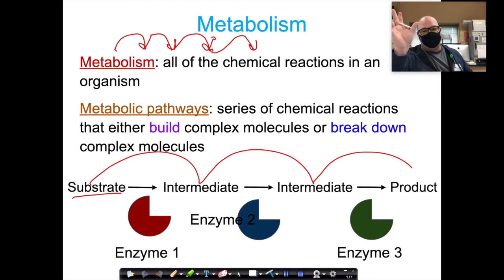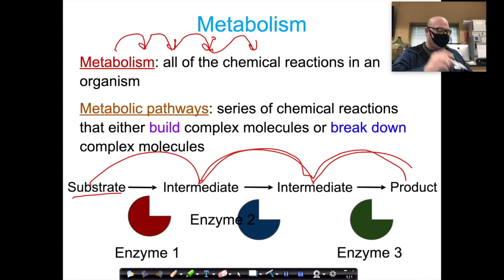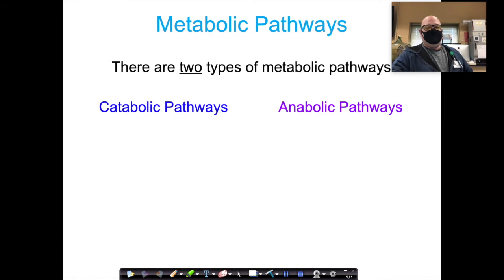That's what the enzyme acts upon, and it does one little change to it. Then we would call that an intermediate. Then it would go again and it'd be another intermediate, and then we'd have the final product. So in metabolism, we see these really high levels of complexity where multiple enzymes are doing multiple things in response to different cellular conditions. So we call those pathways. We've been talking about these pathways.